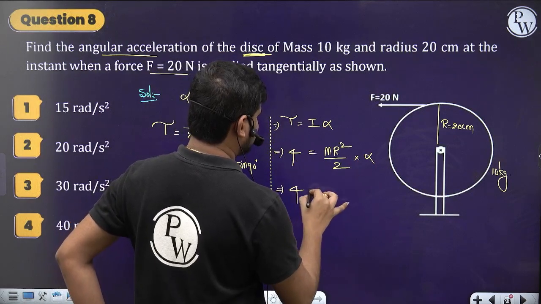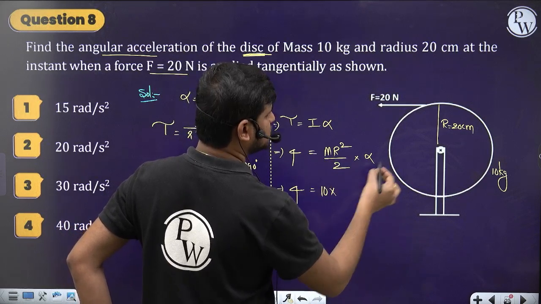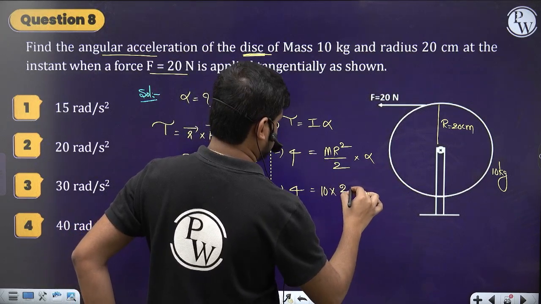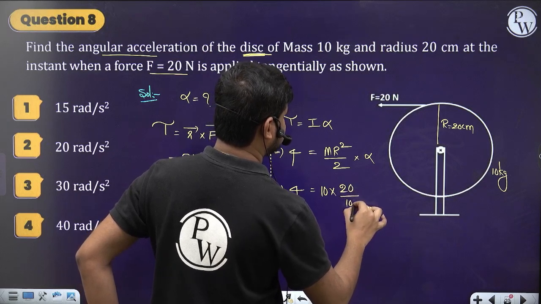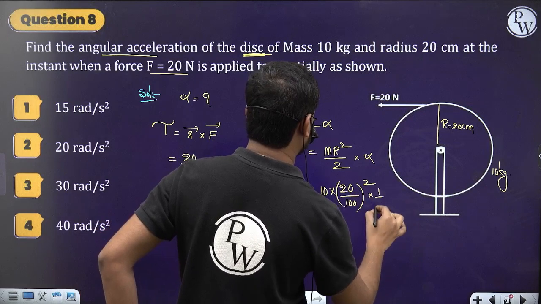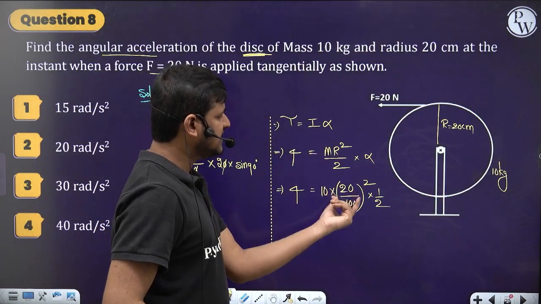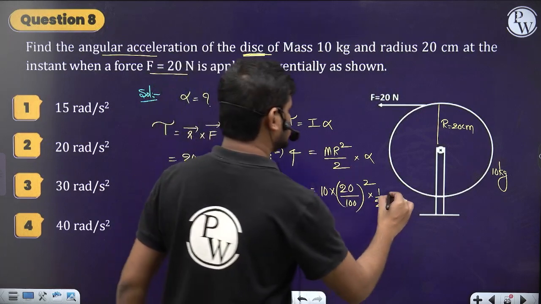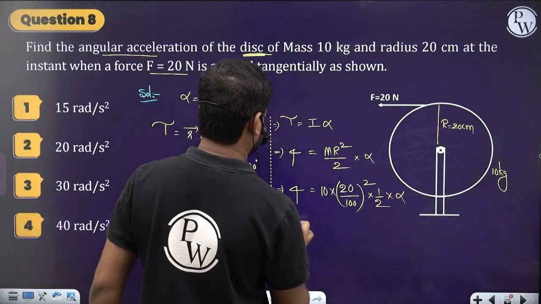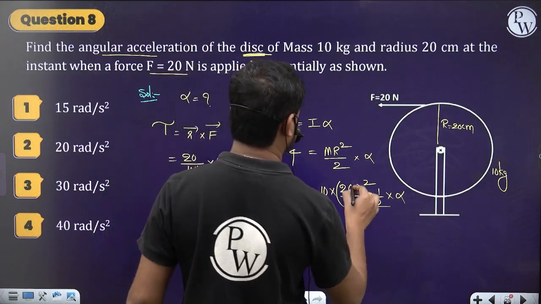So 4 is equal to mass 10 kg, radius 20 by 100 whole square, right, into 1 by 2, into alpha.